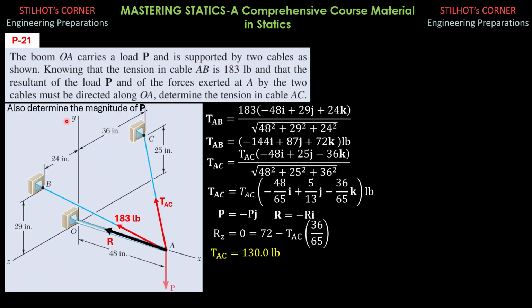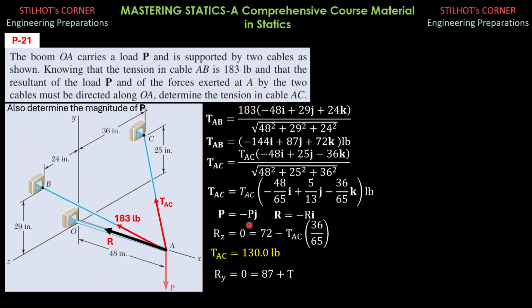Since we are required to determine the magnitude of P, then let's have summation forces Y equals 0. So that is 87, then plus tension AC 5 over 13, then plus negative P equals 0.